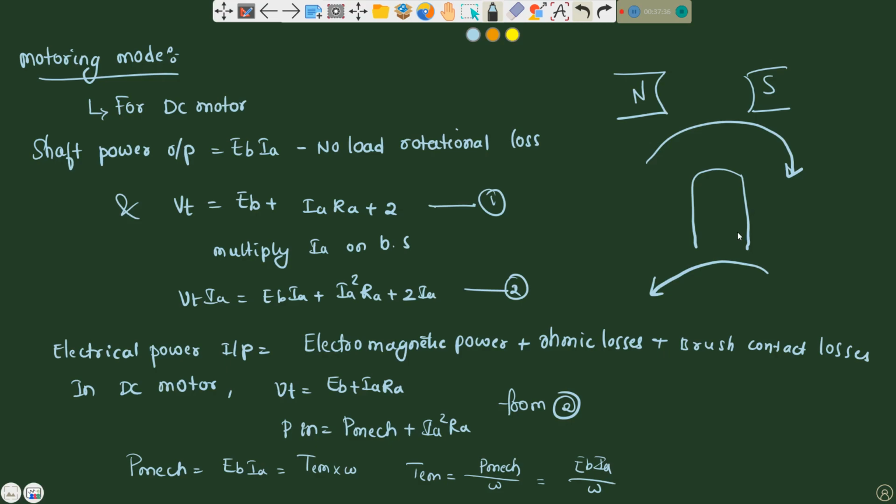This is the armature. This is the poles. I am drawing it separately in order to help you understand. So armature rotates in counterclockwise direction, but poles are MMF in opposite direction. That's it. You should remember this. Assumptions to find the direction of induced EMF.